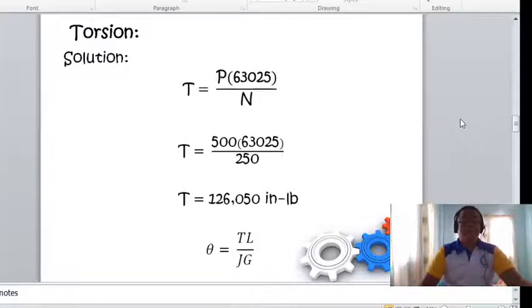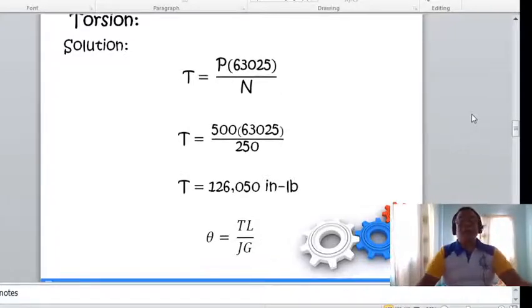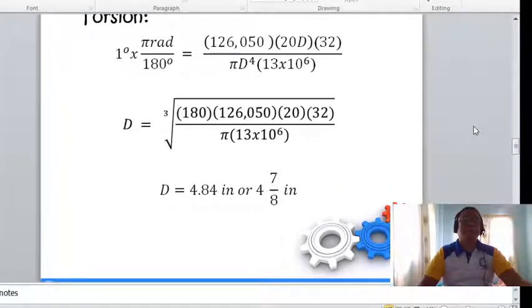Now, getting the torsional deflection, TL over JG. Substituting the torsional deflection, which is 1 degree, changed to radians, equals the torque, which is 126,050, multiplied by the length of 20 times the diameter, and then multiplied by 32.